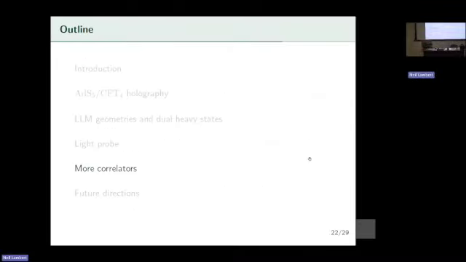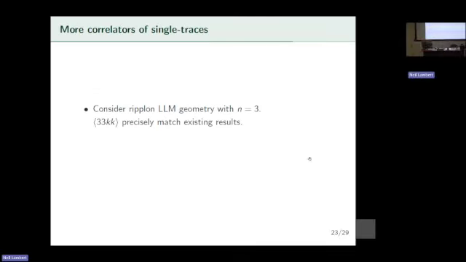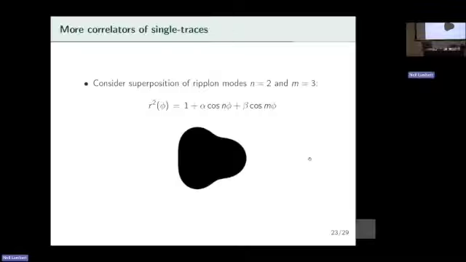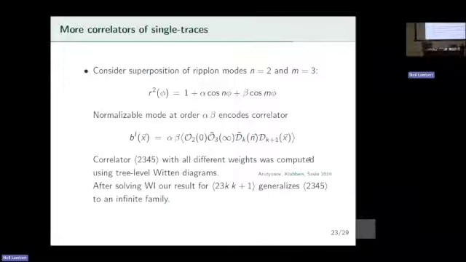And the same technique can be applied for the replon with the frequency 3. So we did this, and we found the exact matching for this infinite family 33kk. And as I said, we can also consider a superposition of the replons. In this case, the interesting correlator appears at the order alpha times beta.